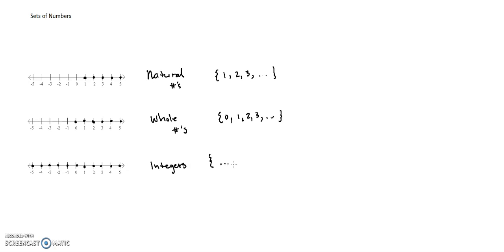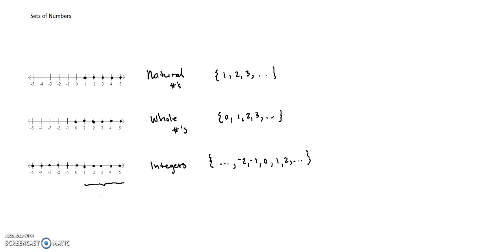We write this as dot, dot, dot, -2, -1, 0, 1, 2, dot, dot, dot. Dot, dot, dot means continuing forever in that pattern, in that direction. So now we have all of the whole numbers, positive and negative. Still no fractions, no decimals, nothing like that, just the whole numbers, positive and negative.